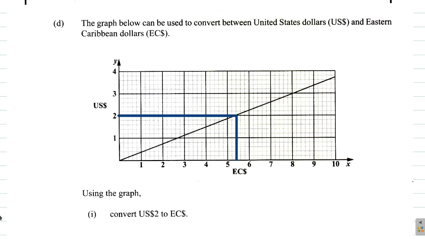Now, when you look at it, you will see that on the Eastern Caribbean scale, the x-axis, you have 1 divided into 5 parts. Each square is divided into 5 equal parts.